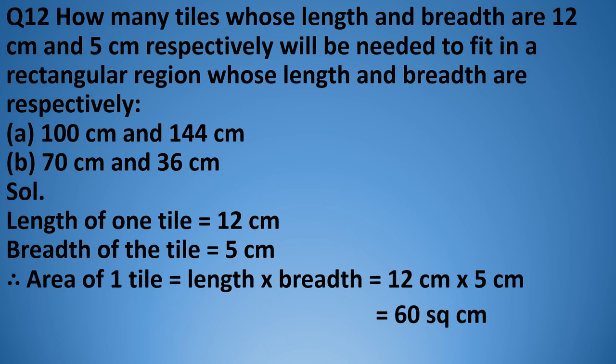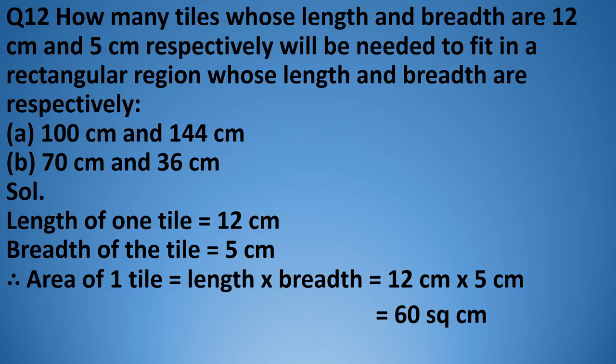If the rectangular region where you have to apply tiles is 100 centimeter and 144 centimeter, or 70 centimeter and 36 centimeter, the measurement of tiles remains the same, the measurement of the floor will be different.